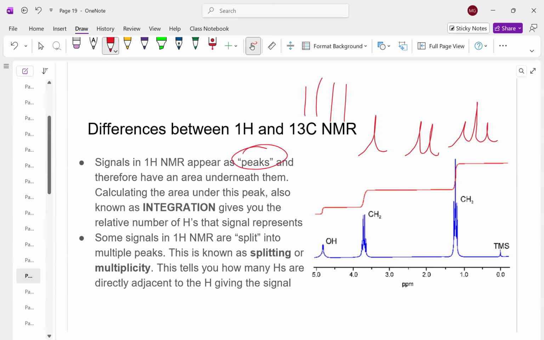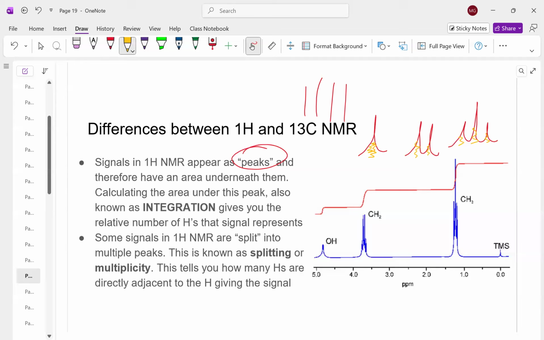And we could do a little bit of calculus and find the area underneath those peaks. If we compare the ratio of those areas, it helps tell us what the relative number of hydrogens are that those signals represent. This is called integration. If you've taken calculus before, you've probably calculated the integral of the area underneath the curve.